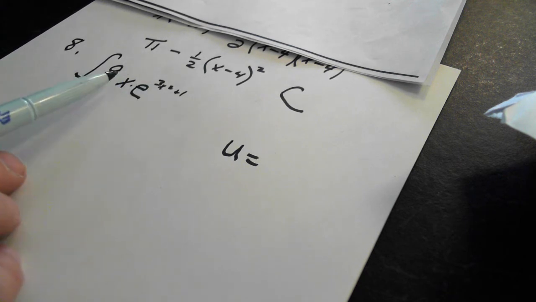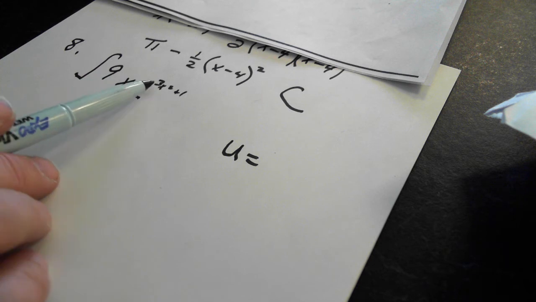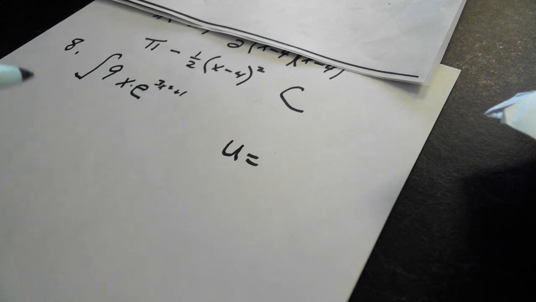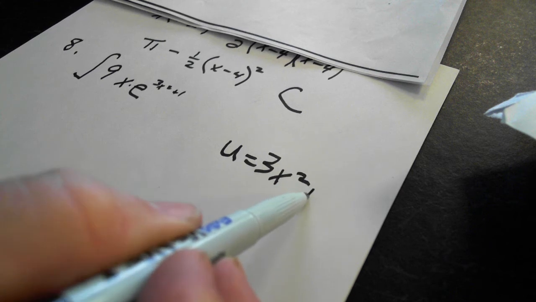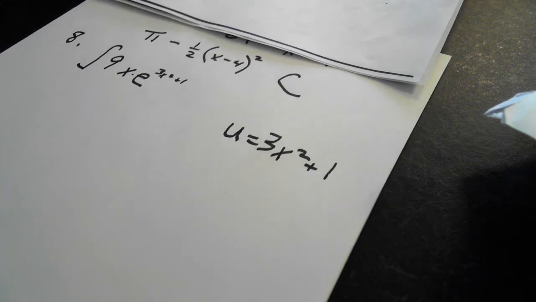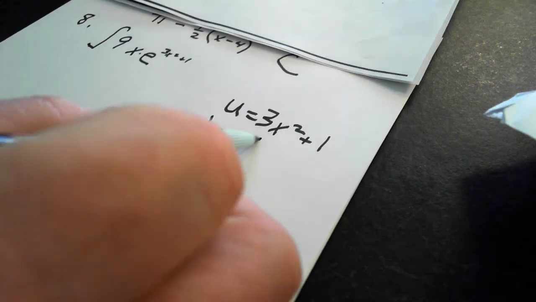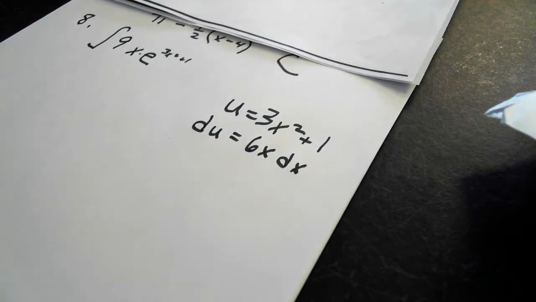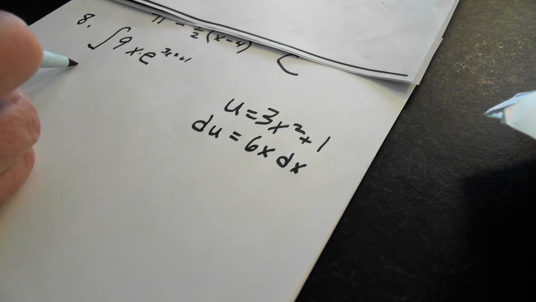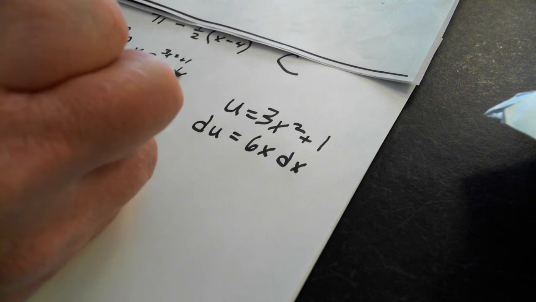So I'm thinking that the derivative of u would have x's. If we just let u be 3x squared plus 1, you'll see even better what I'm saying in a second here. Because if you let u equal that, then du could be 6x. So then we can start doing our replacement here. Right now there's a dx over here.